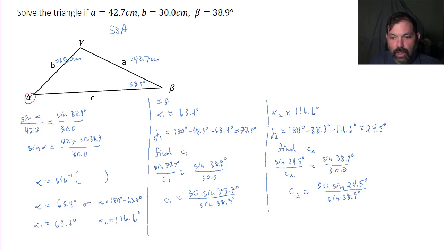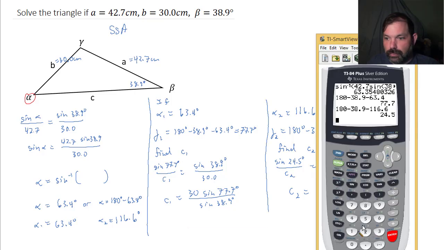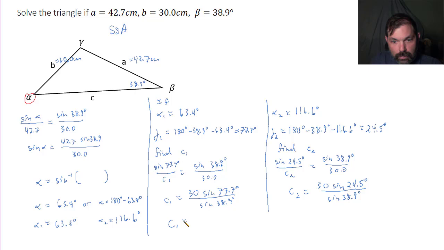And we can calculate each of these. So C1 is 46.7 centimeters.